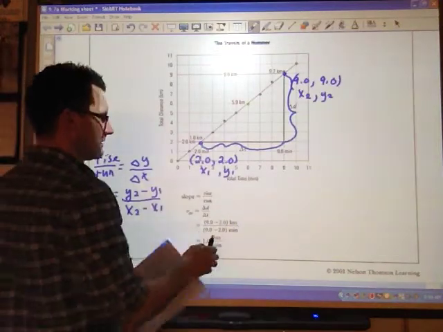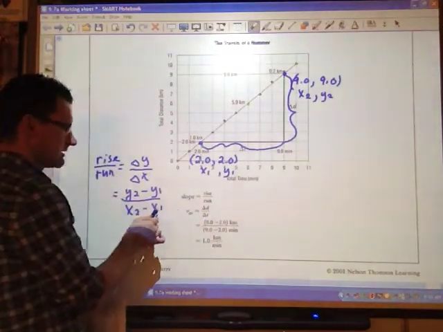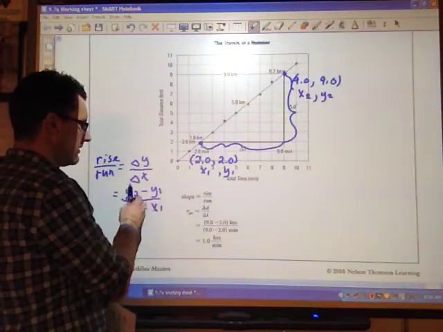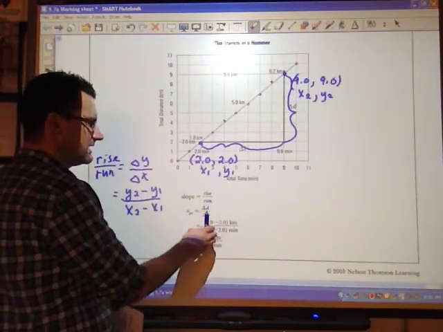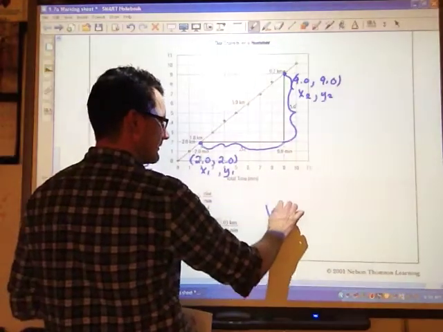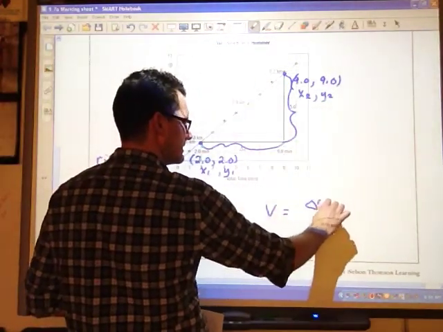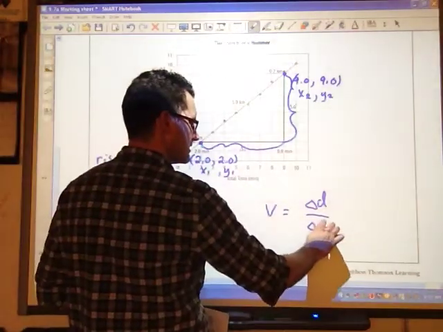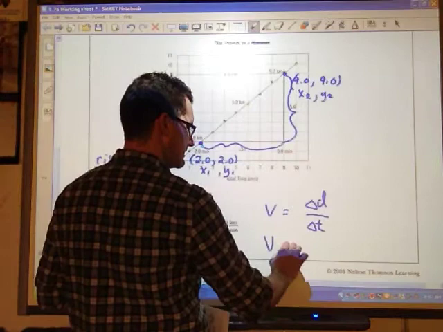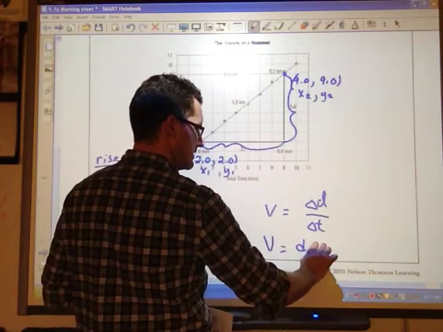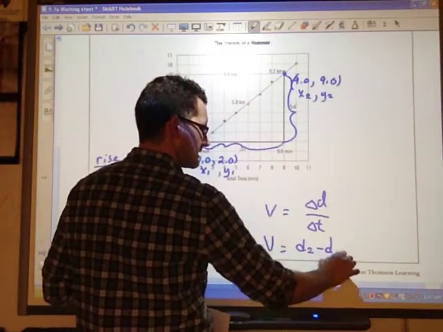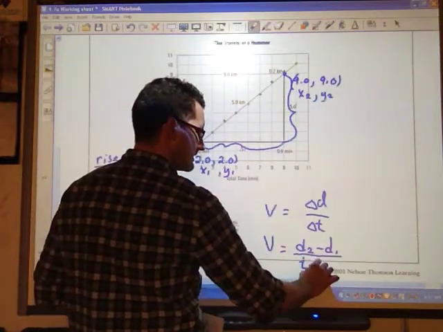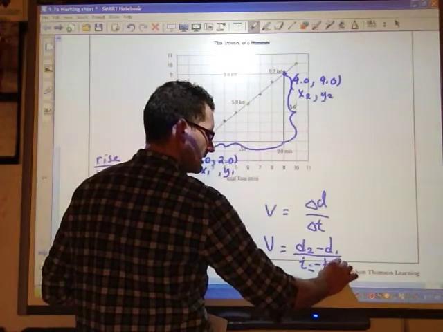I've noticed here that they reverted back to what the graph actually represents. Our y-axis is actually d, and our x-axis is actually time, change in time. So we can say that, to figure out the change in distance, it's second distance minus first distance divided by second time minus initial time.